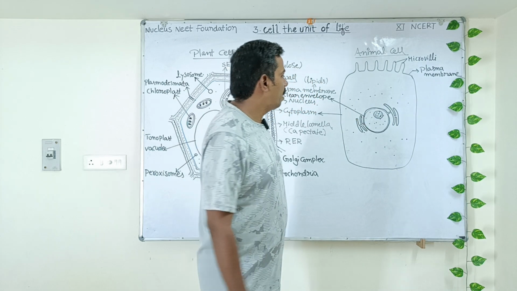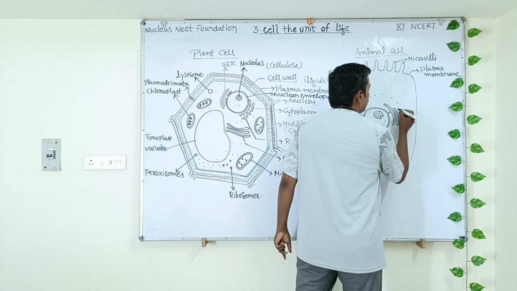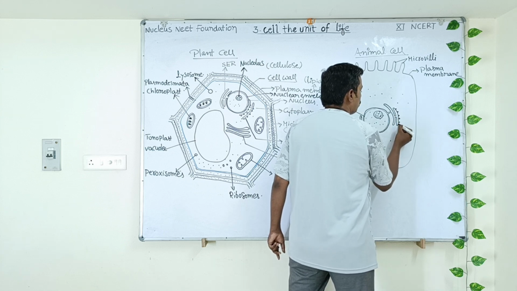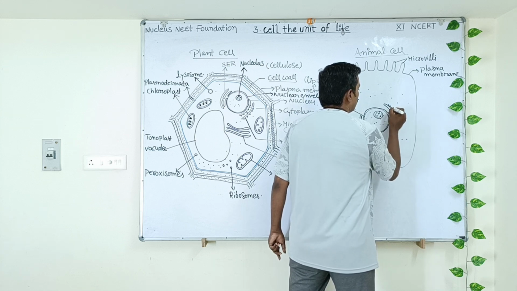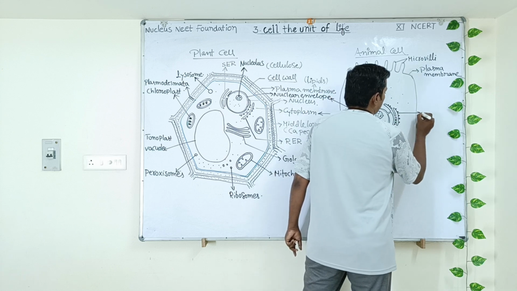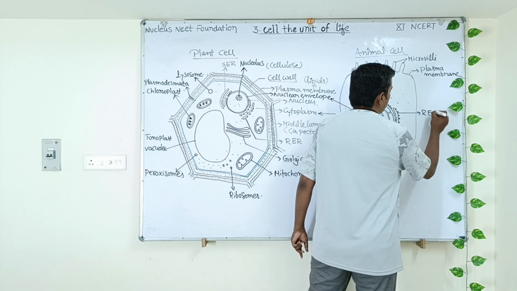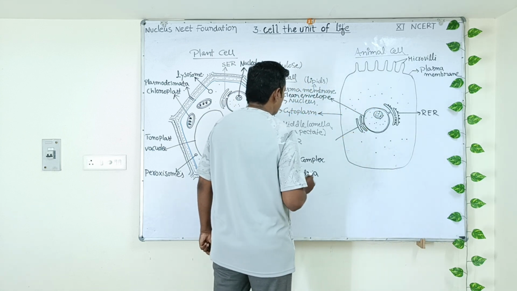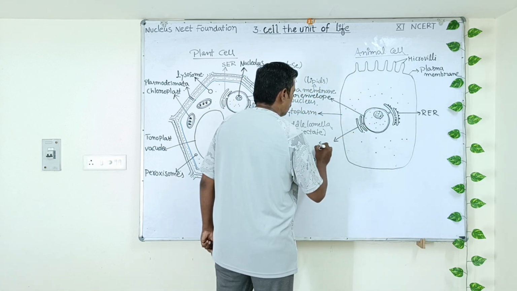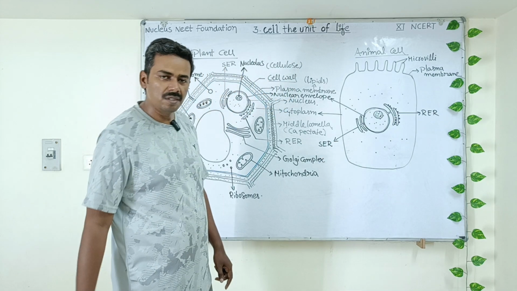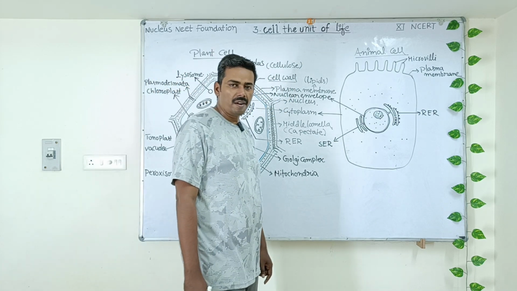The endoplasmic reticulum is of two types. Those endoplasmic reticulums which have ribosomes are called rough endoplasmic reticulum. Their function is protein synthesis. And those which don't have ribosomes are called smooth endoplasmic reticulum. Their function is lipid synthesis and synthesis of lipid-like steroid hormones.